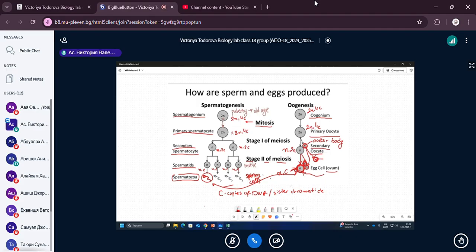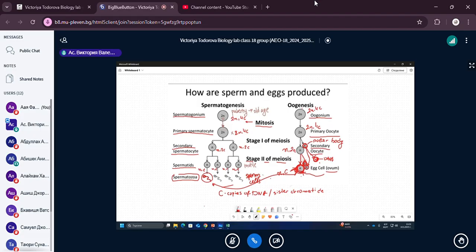And this polar body just reduces the DNA. They are haploid and have the same part of the DNA, but that's their role. And every month after puberty, women release 1 mature egg like this.